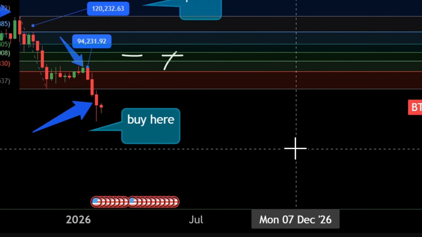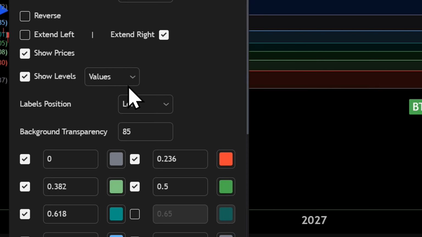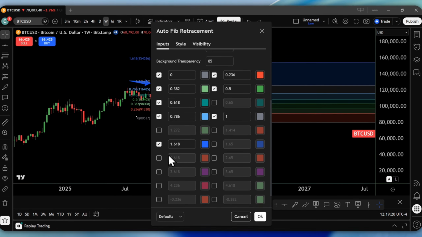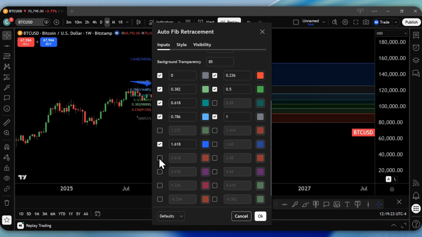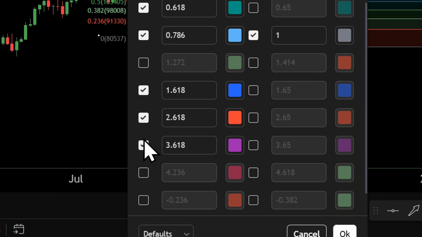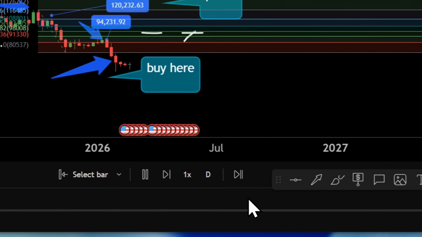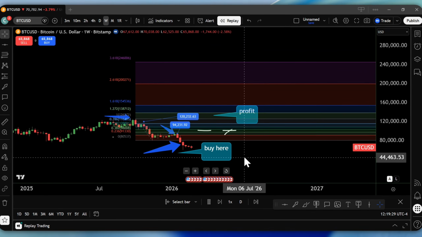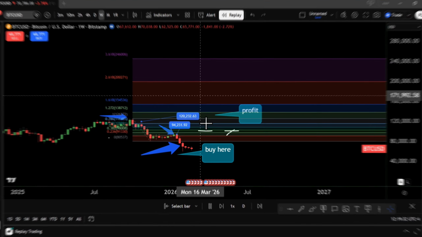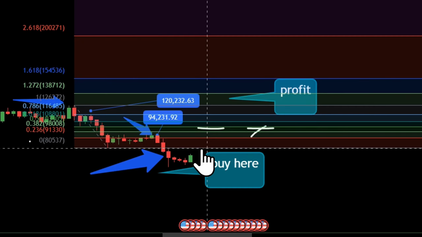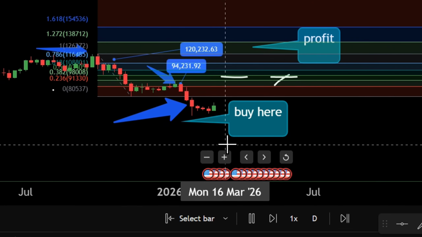Others fail completely. That's why professional traders rarely rely on a single tool. They combine multiple pieces of information before making a decision. Think of Fibonacci as a map. It shows where opportunities may exist, but it doesn't guarantee that an opportunity is actually there.